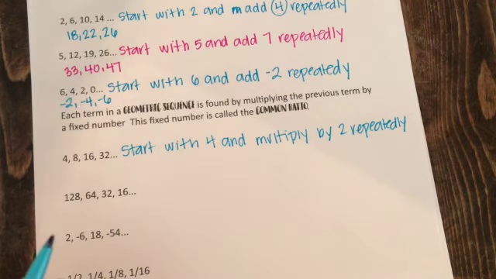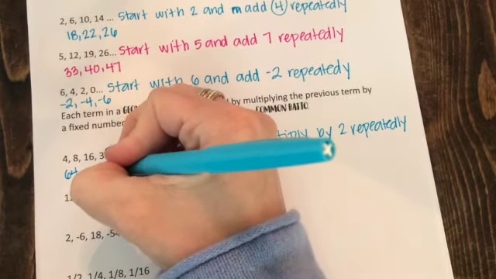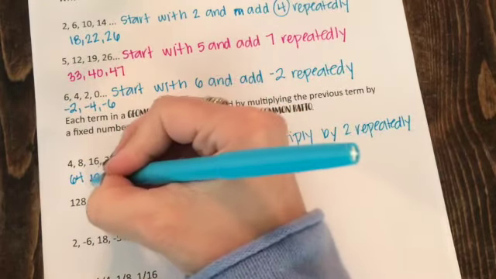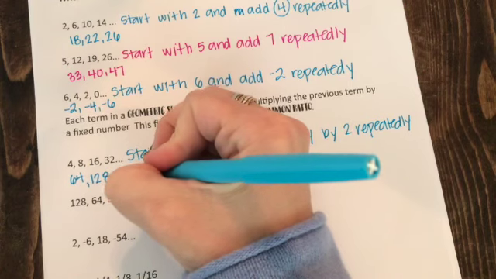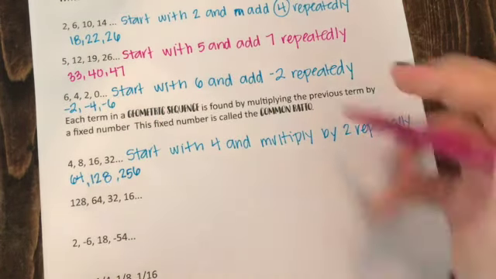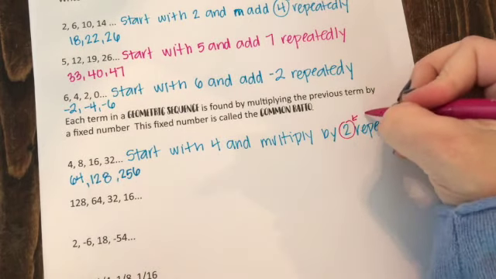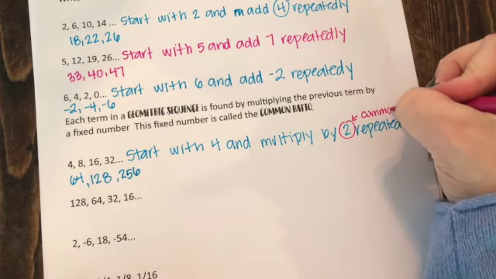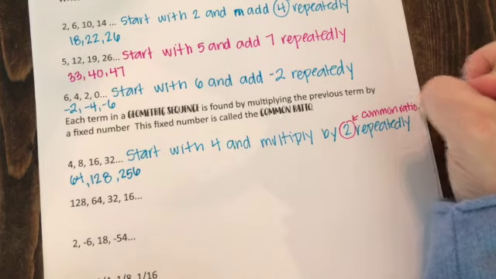So when we have to find the next three, we're going to do 32 times 2 is 64, and then 64 times 2 is 128, then 128 times 2 is 256. Okay, and if I asked you what is the common ratio, you would say it's 2. Okay, because it's what we're multiplying by.